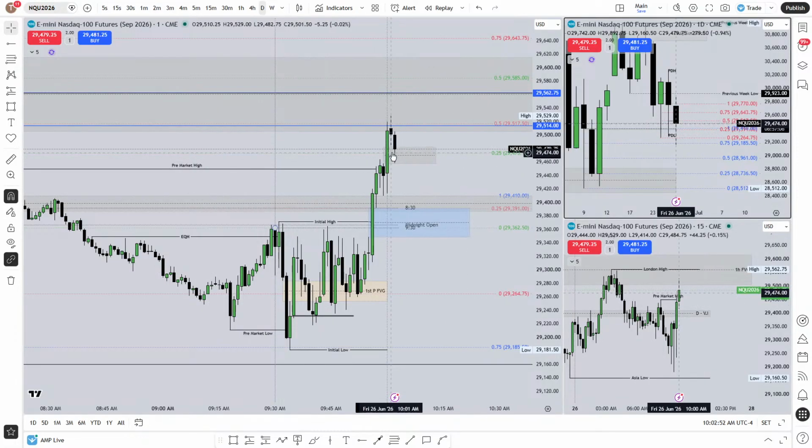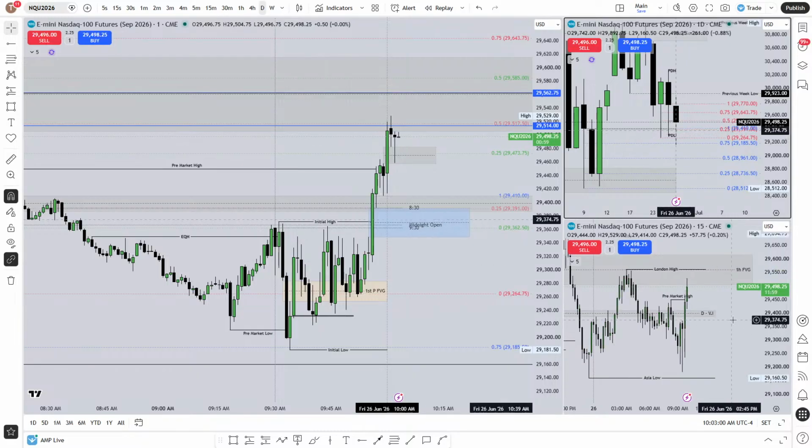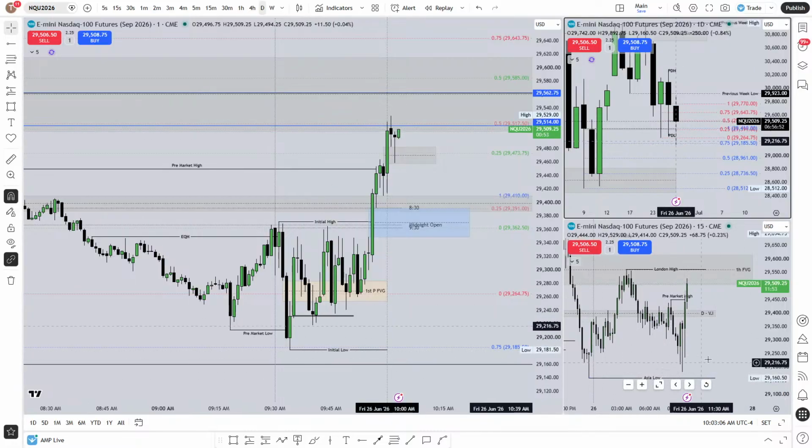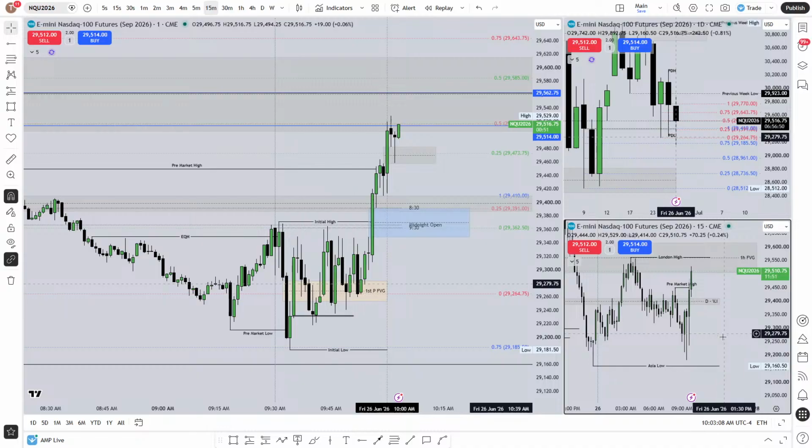I'm tape reading a move to see if this can take us up to the equal highs right here. And look how smooth these are in the bottom right hand corner, Asia low, right?